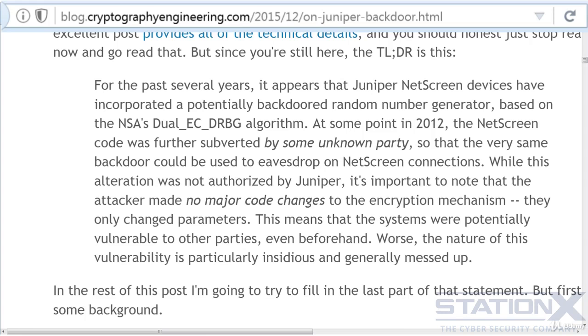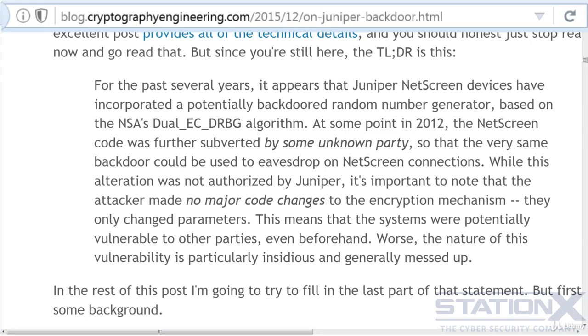For the past several years, it appears that Juniper NetScreen devices have incorporated a potentially backdoored random number generator based on the NSA's dual ECDRBG algorithm.